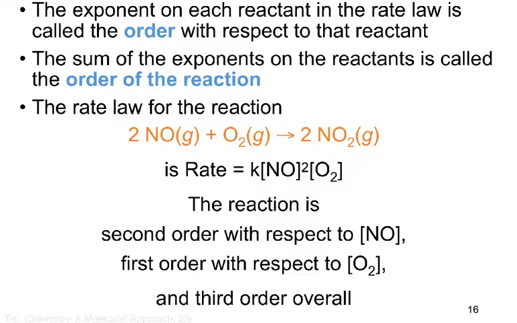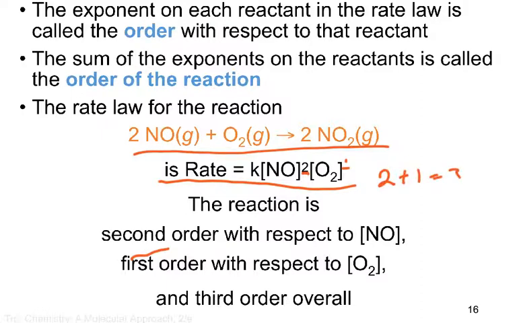So for this reaction here, the rate is the rate constant times nitrous oxide squared times oxygen, and it's second order with respect to NO, first order with respect to O2, there's a 1 there that's assumed, and third order overall, because 2 plus 1 equals 3. So you can give the order with respect to each individual reactant, and then the overall order of the reaction is the exponents added together.